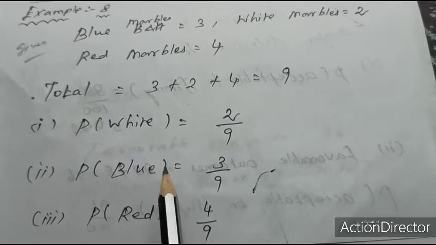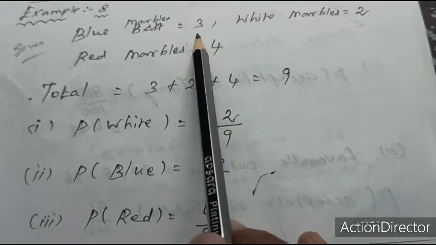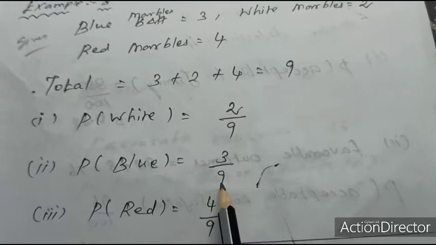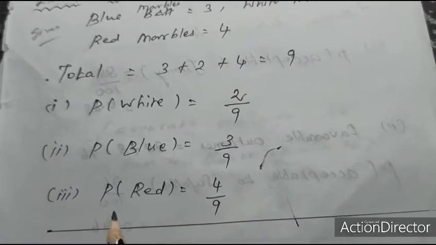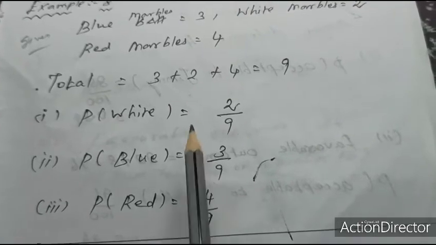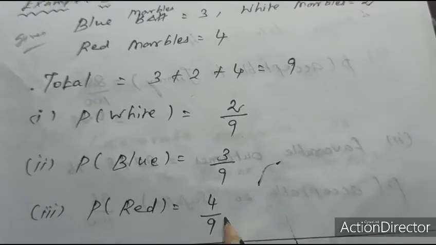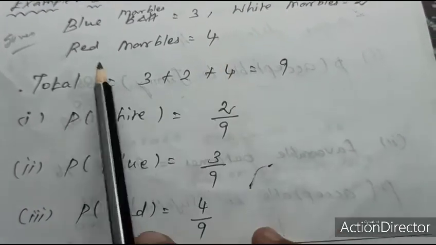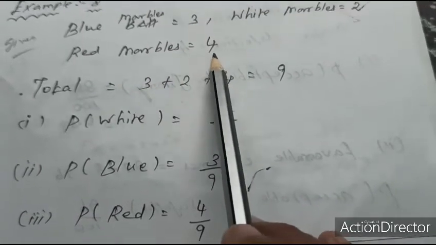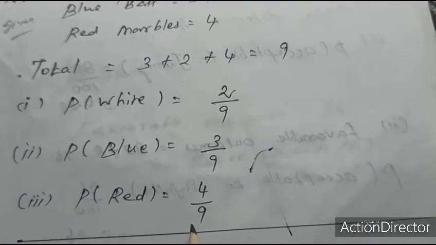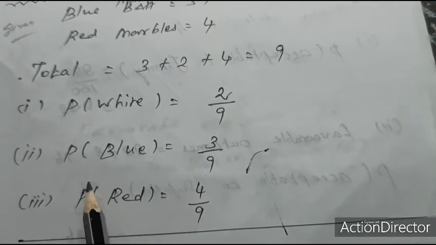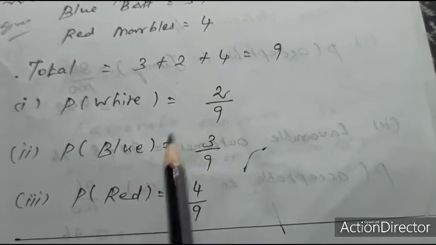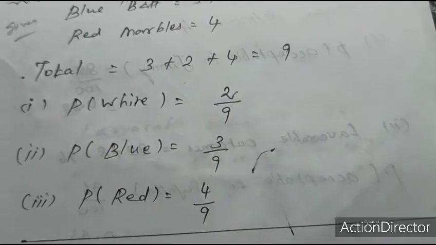The number of blue marbles is 3 by total marbles 9, so 3 by 9. Probability of a red marble: favorable outcomes by total outcomes, the red marbles 4 by total marbles 9. Therefore, probability of red is 4 by 9, probability of blue is 3 by 9, and probability of white is 2 by 9.